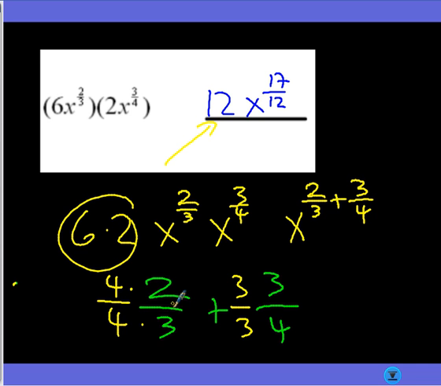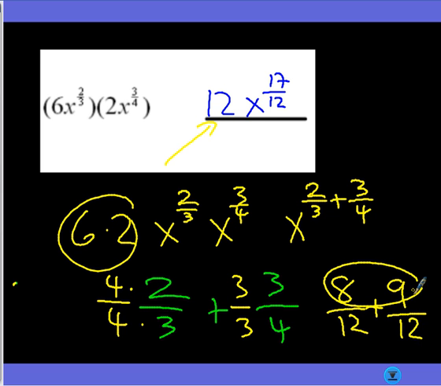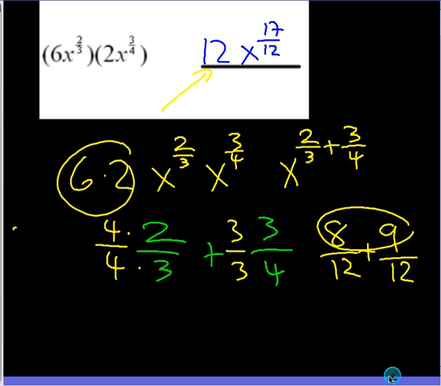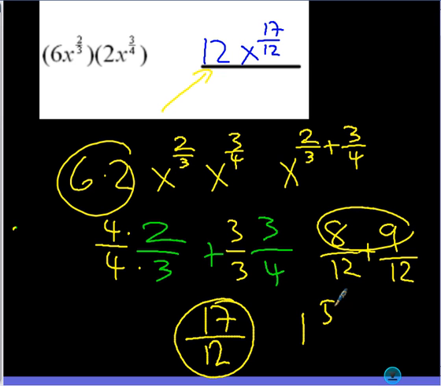So I've got 4 times 2 is 8 over 12, plus 3 times 3 is 9 over 12. 8 plus 9 is 17, and it's over 12, okay? So my exponent is 17/12. Don't write that. It's true that it's 1 and 5 over 12. That's true, but I'm not going to write my exponent that way, okay?